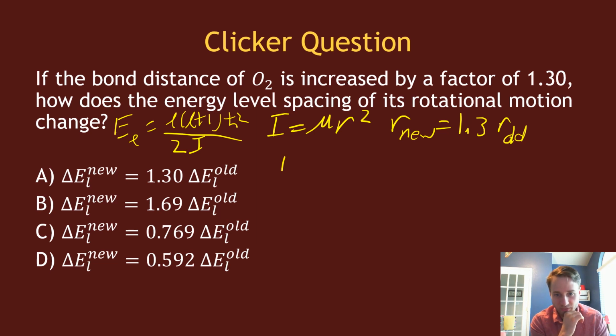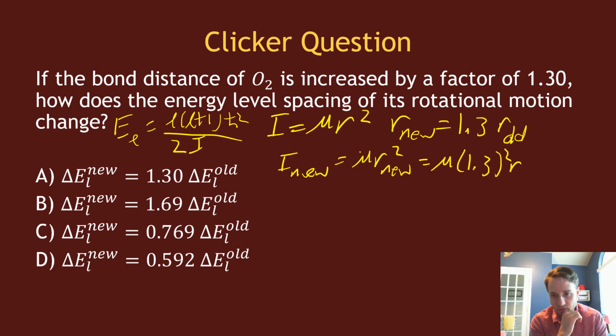And so that means that I new is equal to mu r new squared, which equals mu times 1.3 squared times r old squared, which then tells us that I new is equal to 1.3 squared times I old.